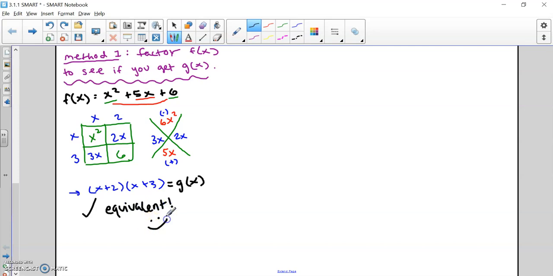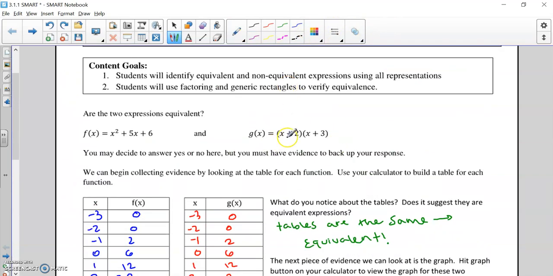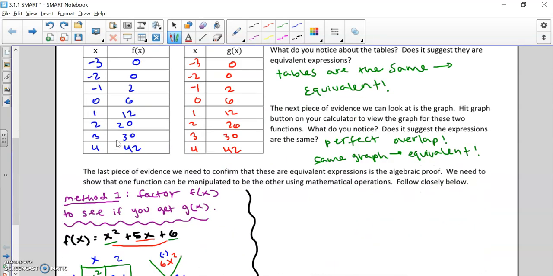Yay. All right, so that's the first method. We can factor the first equation to see if we can get to the second equation. Second method is to go backwards. Now for this one, we can look at the second equation and multiply this out. We can distribute it all out and see if we end up with the first equation.